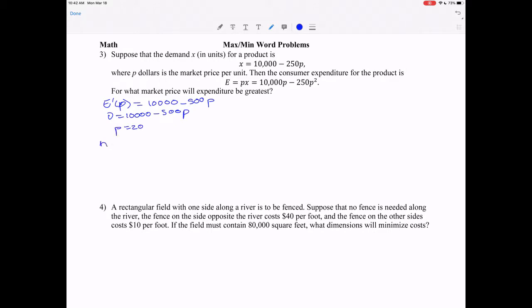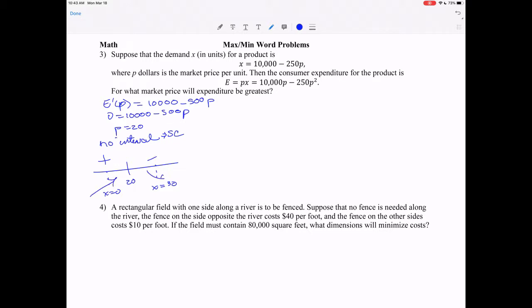And since there's no interval, then we do a sign chart. If we put in 0, we get a positive. If we put in 30, we get a negative.